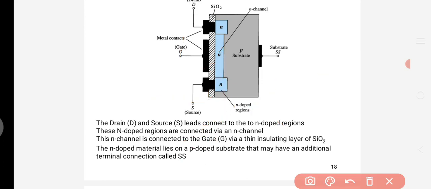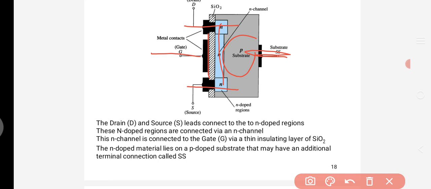So that means this N region and this P region are connected via a channel. Next, the gate layer is upon the silicon dioxide layer. There is also a p-type substrate, and the contact with the p-type substrate is an additional contact called the substrate.